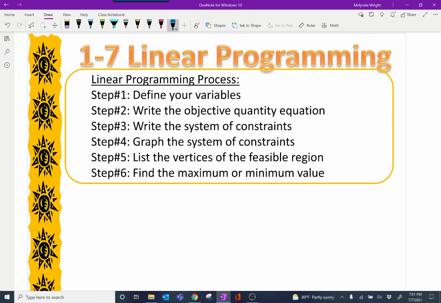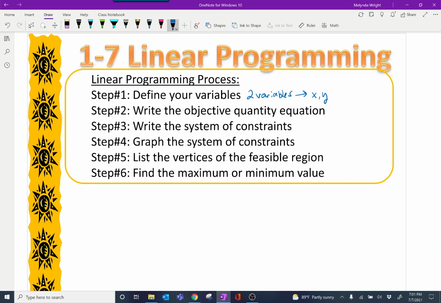I think this is very helpful just to lay out how we're going to start. Well, the first thing we would do is define the variables. Since we're going to be graphing these, we need two variables, and we should really use x and y. Now, do you have to use x and y? Well, no, but it would just be easier.